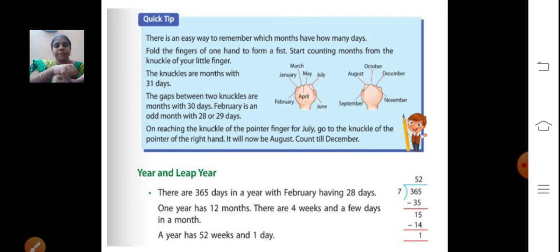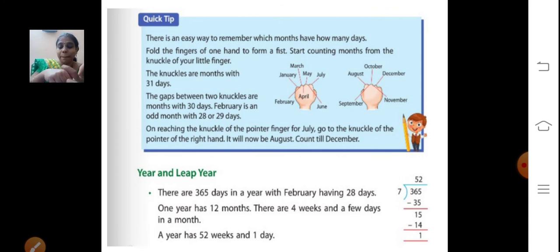So January, the knuckles part, that is 31 days. In between the two knuckles we have some gap, that represents 30 days. So January, February, March. March has 31 days. April, gap between two knuckles, so 30 days. May, 31.